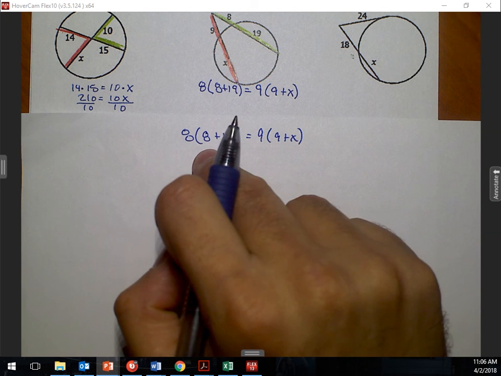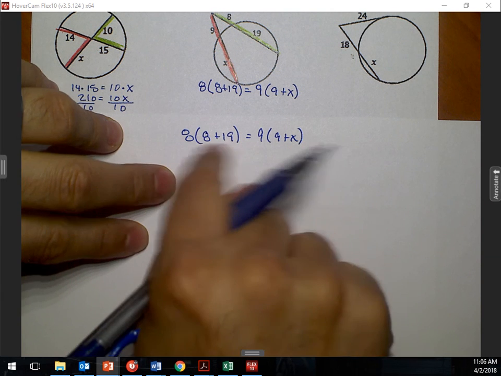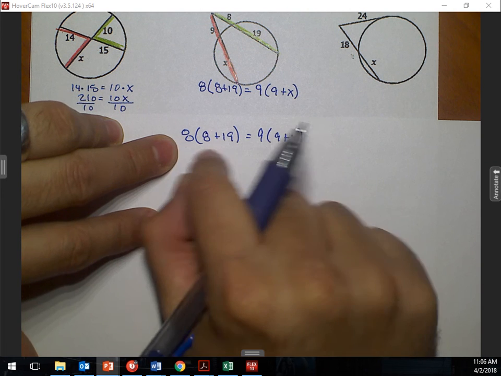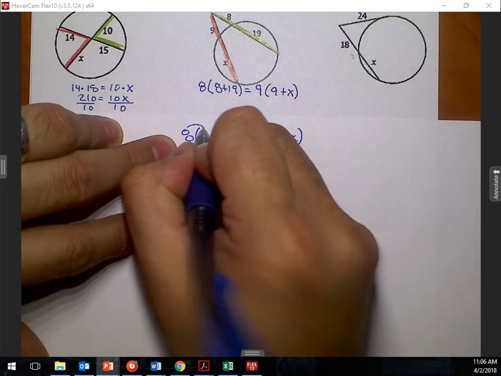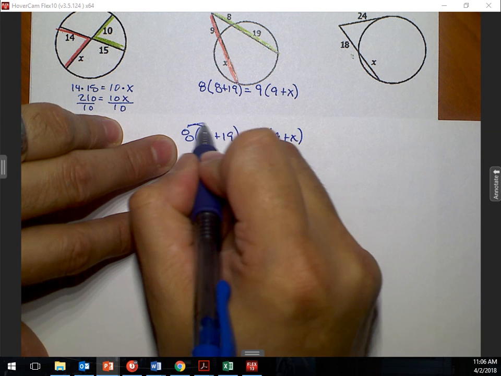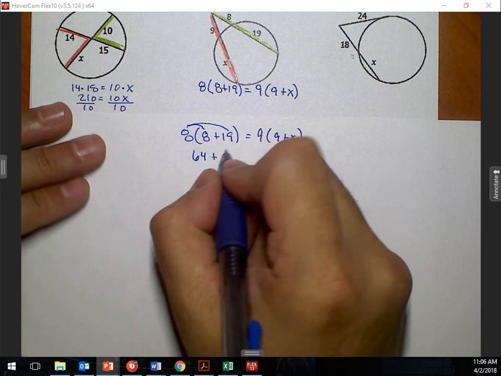All right, so let's go through and actually do the math on this. I'm going to have to do some distribution over here, right? So if I distribute this, it's going to be 64 plus 8 times 19. What is it? 152.